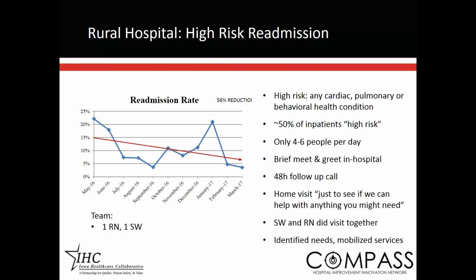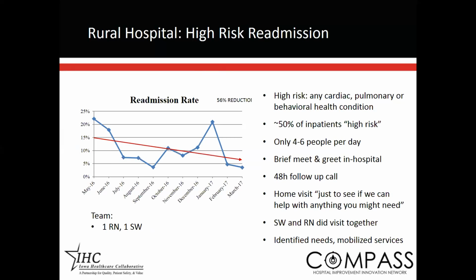They also did the brief meet and greet in the hospital just to establish that human connection, and they spent the majority of their time out doing home visits in the community. Interestingly, they used to decide between the nurse and the social worker, oh, that patient's, quote, more social, that patient's, quote, more medical, and they used to divide and conquer. But after a couple months of work, they realized that wasn't the way they wanted to keep doing it.